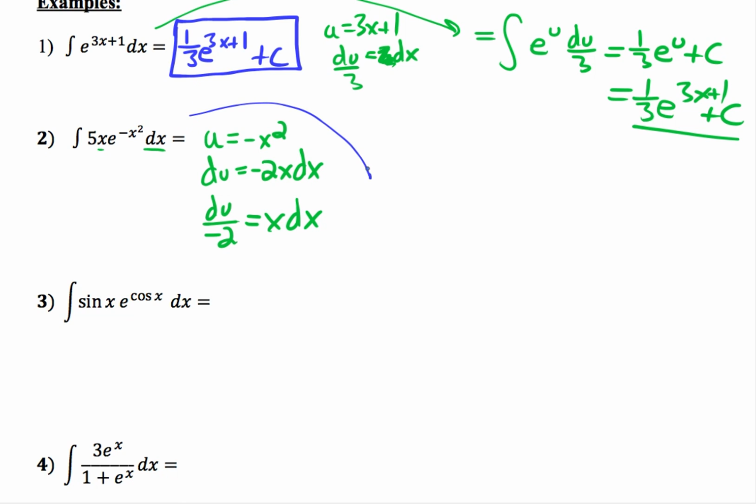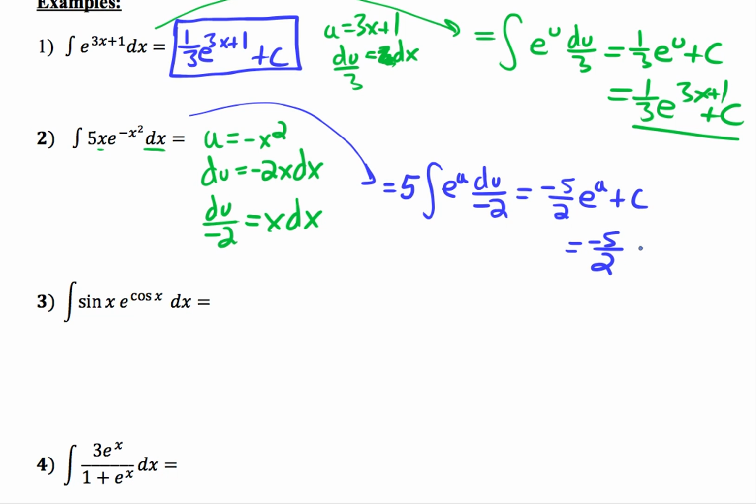I'm just going to come over here and say that this is equal to, I'm going to pull my 5 out in front. Then the x dx, that's du over negative 2 from my substitution. And I'm just left with e to the u as well. So pull that also out in front, and we have negative 5/2 integral of e to the u, which is e to the u. So exciting.